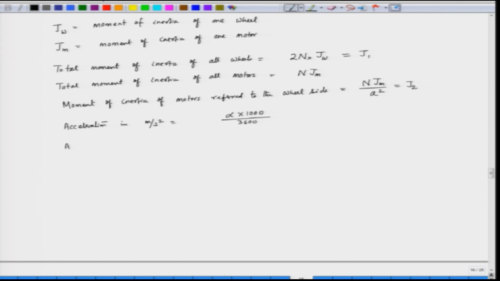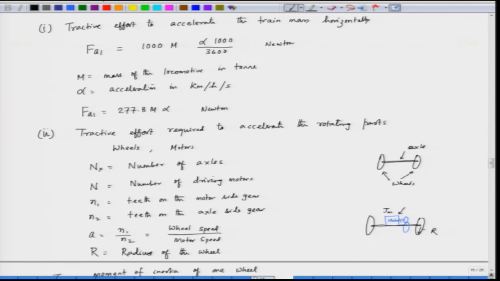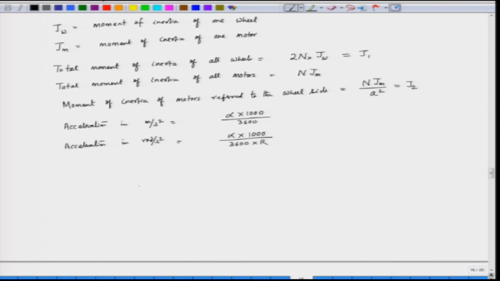Since we have a rotating system, we have to convert that into radian per second square. So, we have to divide this by the radius of the wheel r. r is the radius in meter. Okay. So, this is what we have here.